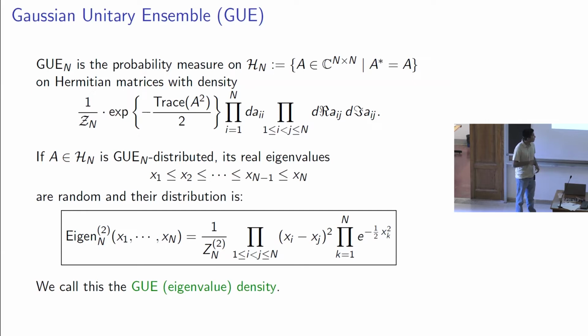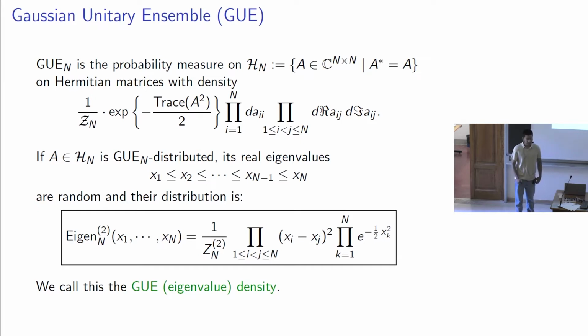This will be the Vandermonde raised to the power of 2, times a product of exponential weights, and here is a normalization constant that I'm calling Zn, with this upper index 2, and I will explain why there's this 2 later on. But this is the distribution that I will be interested in first. I will call this the GUE eigenvalue density or just the GUE density.